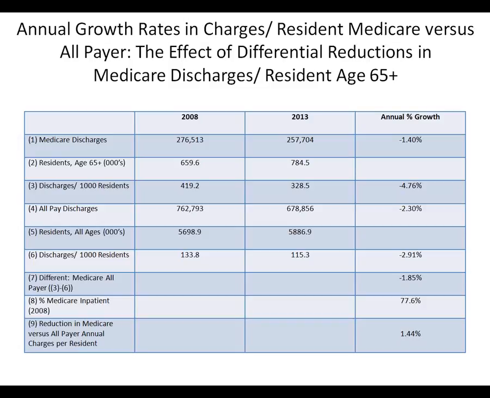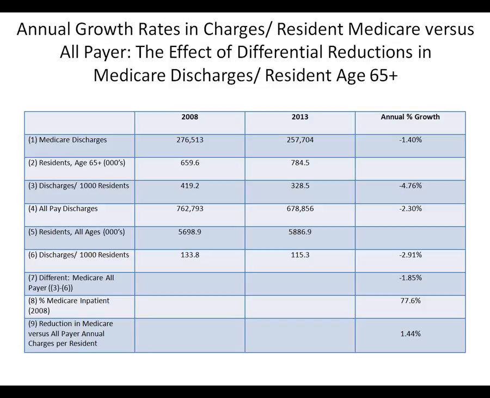When we do the same calculation for all payer discharges, we find that the total number of discharges has dropped, this is on line 4, by 2.3% per year. And when we take into account population growth, we see that that reduction is 2.91% per resident.